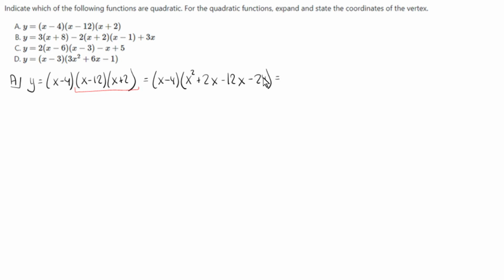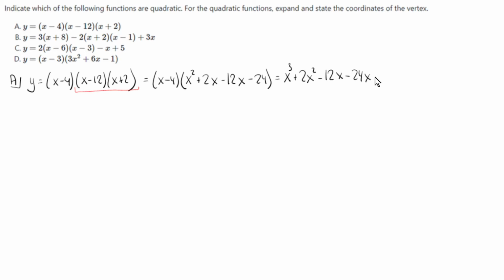Then I'm going to be using the distributive property and multiplying each of the terms in the first binomial into this polynomial. So I'm going to get x cubed plus 2x squared minus 12x minus 24x.